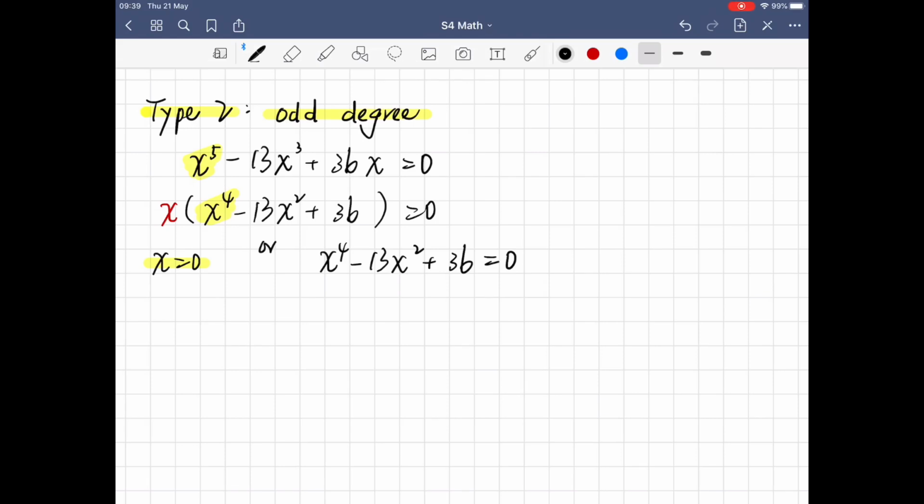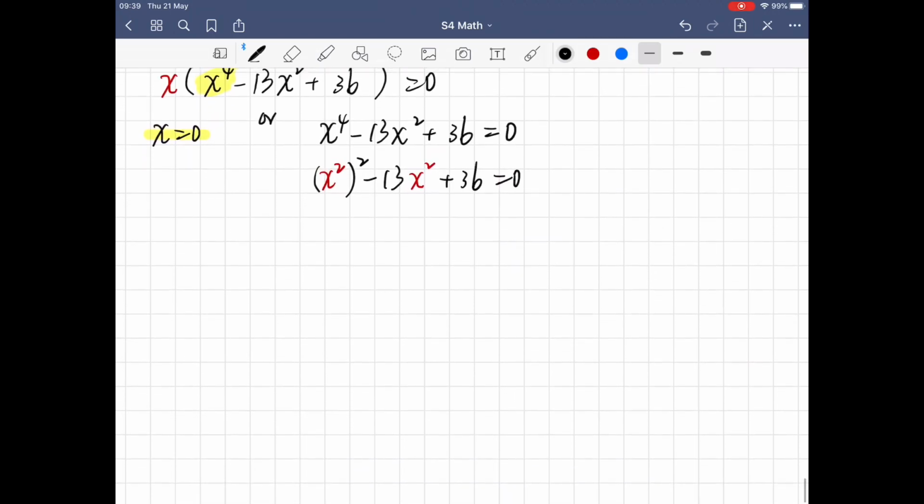Again we can change x to the power 4 into (x squared) squared, and then minus 13x squared plus 36 equal to 0.